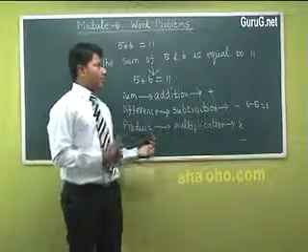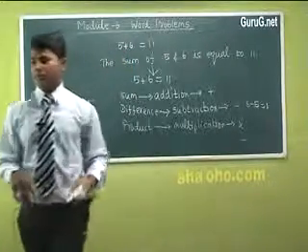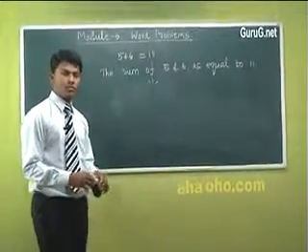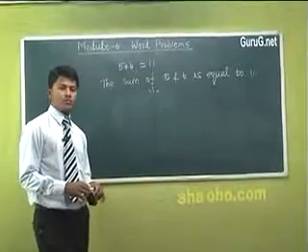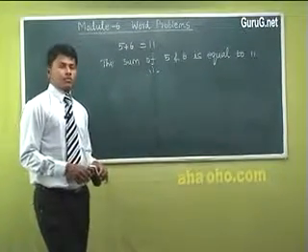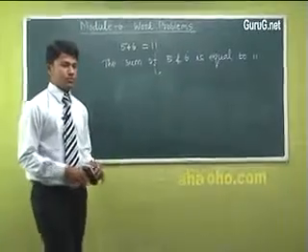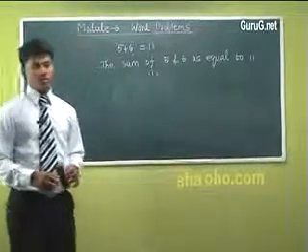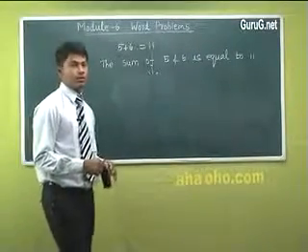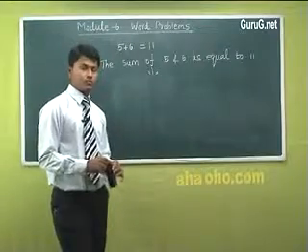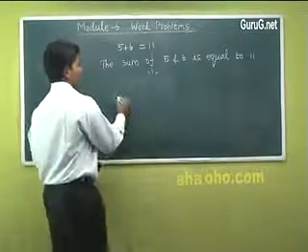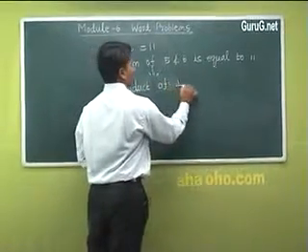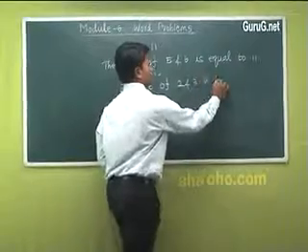Product can be represented as, say, product of 2 and 3 is 6.